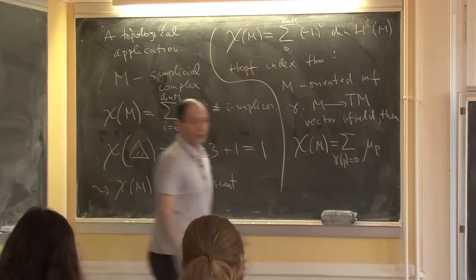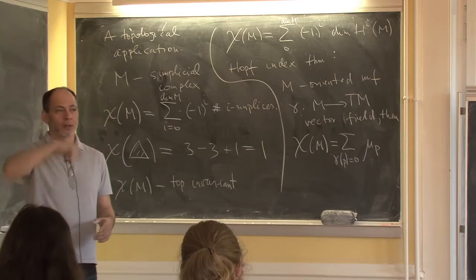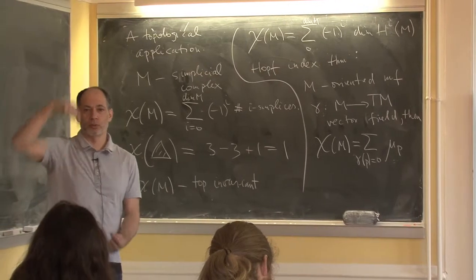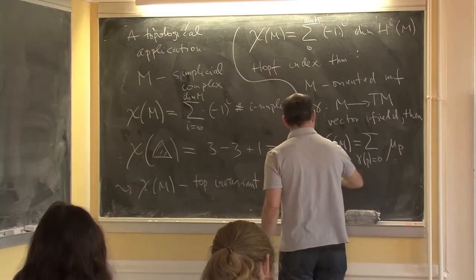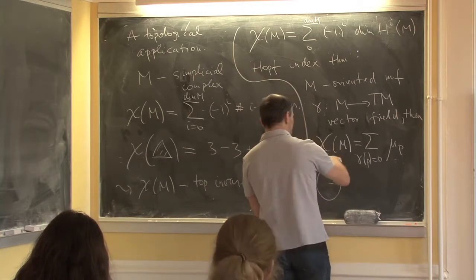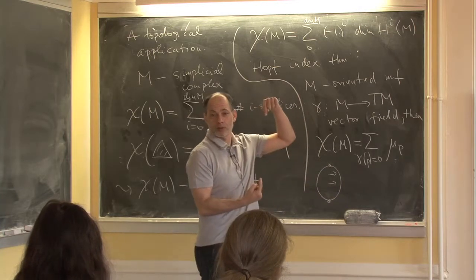So for example, if you have the sphere and you try to comb the sphere, with a horizontal rotational field, then there will be 2 points where the field is 0, the north and the south pole.